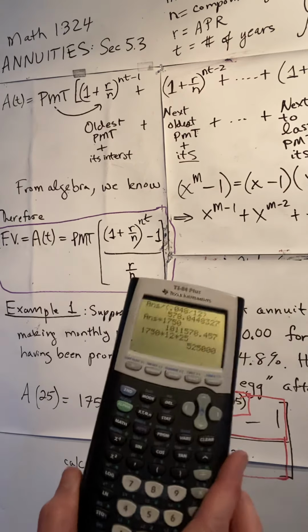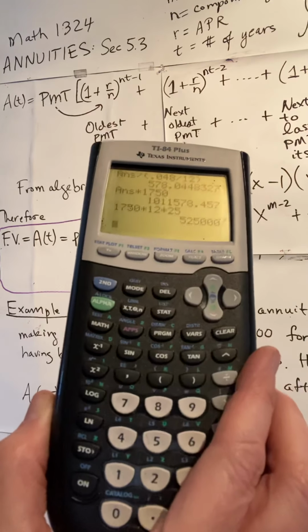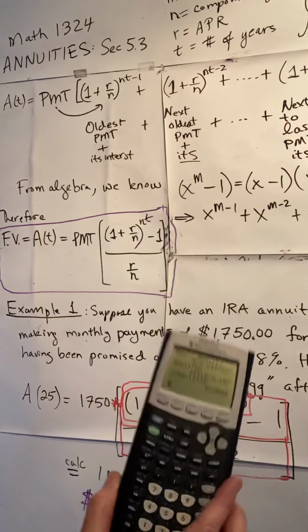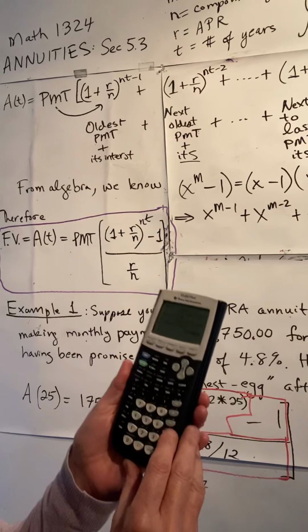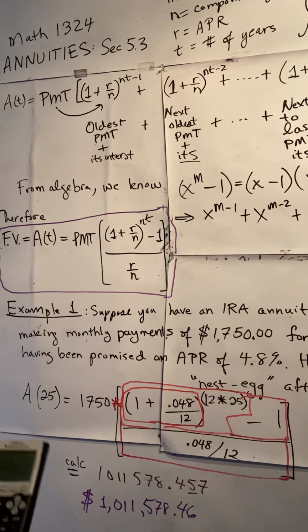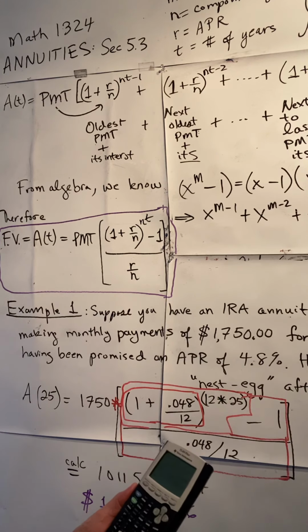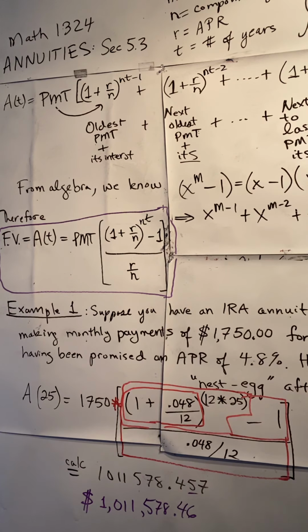Well, this amount is how much you put in, the $525,000. And so to quickly calculate it, just subtract the amount that's in the account, $1,011,578.46. You'll get a negative quantity, but you can just leave off that negative sign and say, wow, the interest.